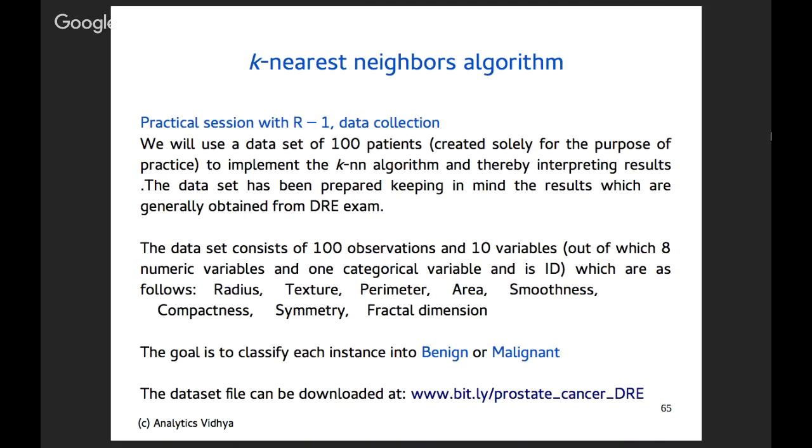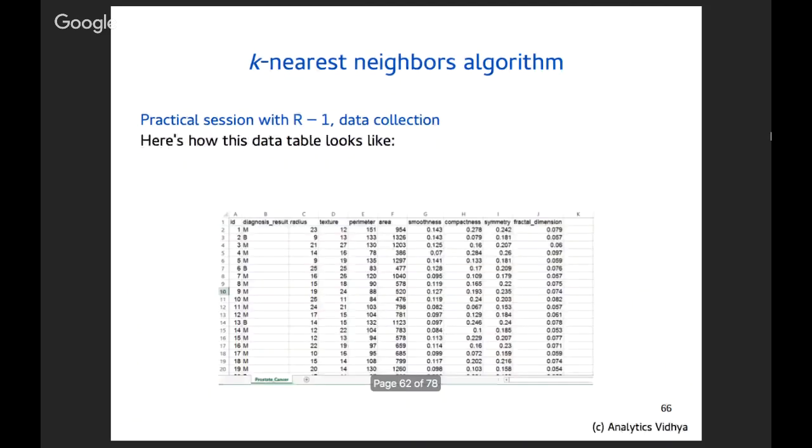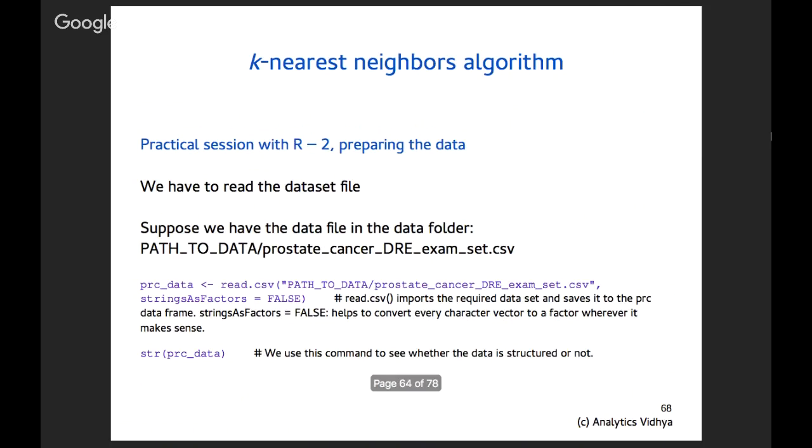Each patient is classified as benign or malignant: benign if he has a benign cancer, or malignant if he or she has a malignant cancer. This is how the data looks, the first 20 rows. This is the target feature of the diagnosis that you want to predict.